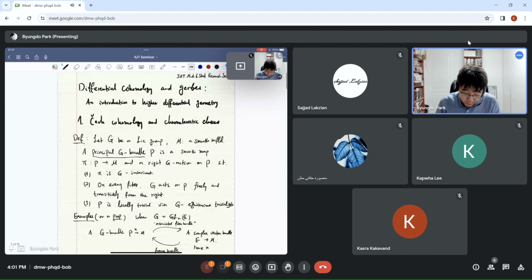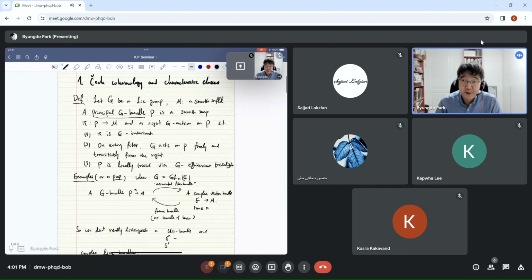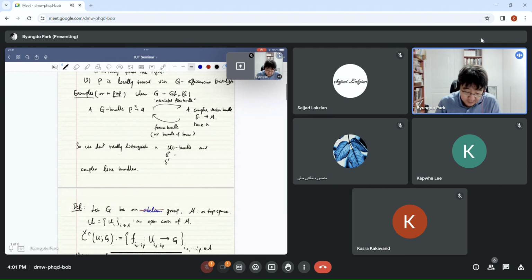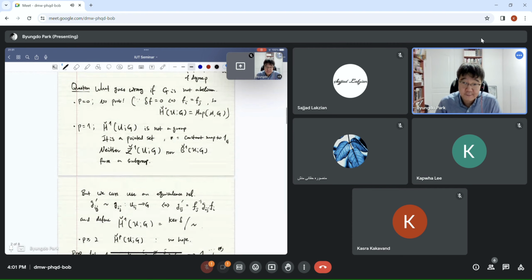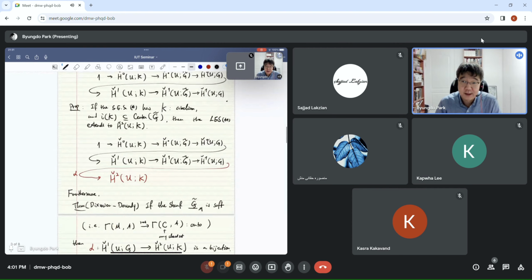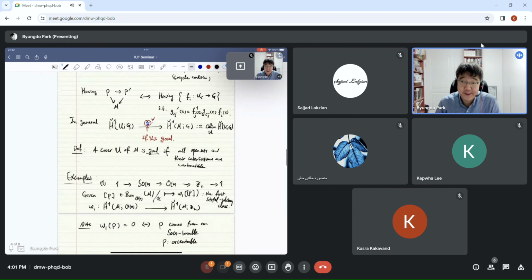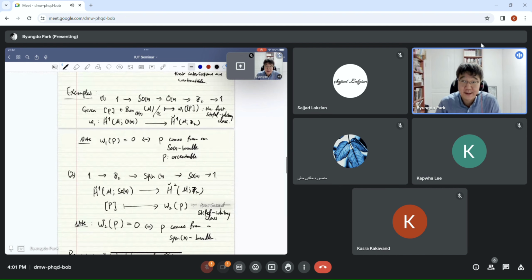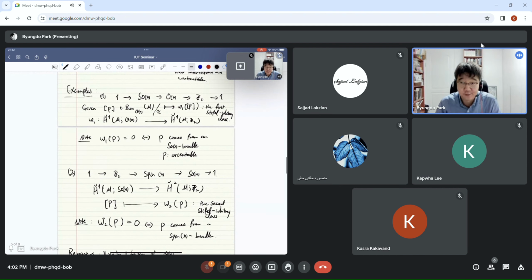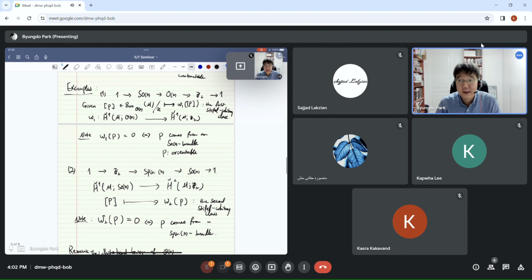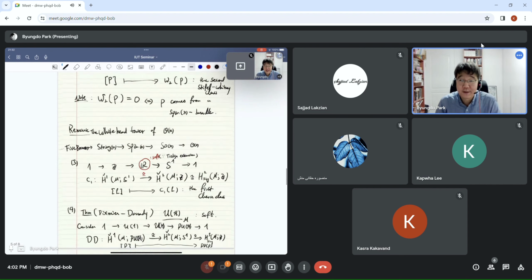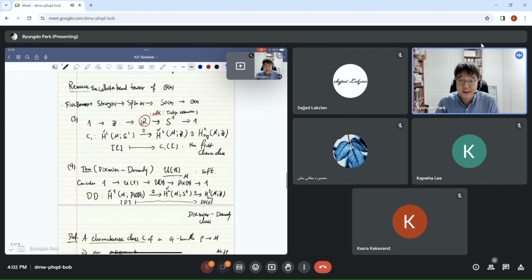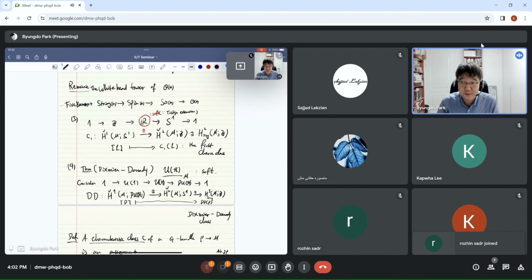We started from principal G bundles and looked at Čech cohomology, and from that we pulled out a bunch of characteristic classes. For example, by looking at short exact sequences of groups, we could obtain the first Stiefel-Whitney class and the second Stiefel-Whitney class and the first Chern class and even the Dixmier-Douady class, which is the characteristic class for gerbes.